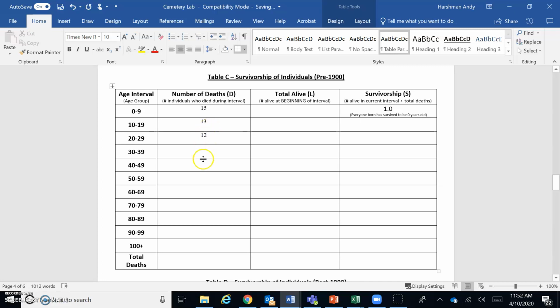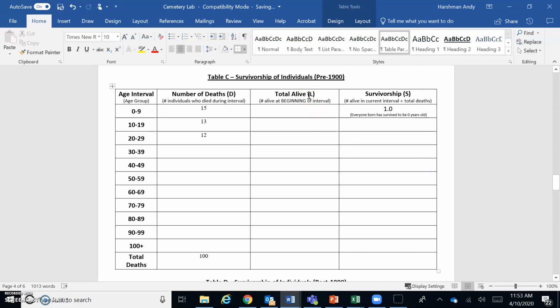So you're just going to add in all the numbers of people who died when they were those ages, and the total deaths is going to be all of that added up, which should be 100 if you did 100 people. So the total deaths will be 100. The total alive is going to be the amount of people alive at the beginning of the interval.